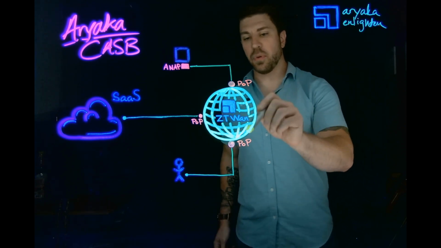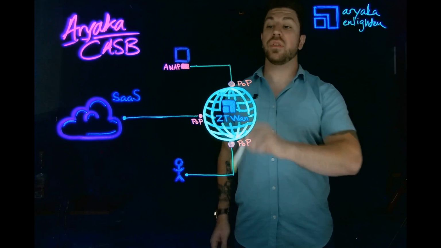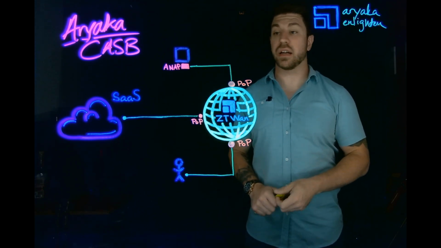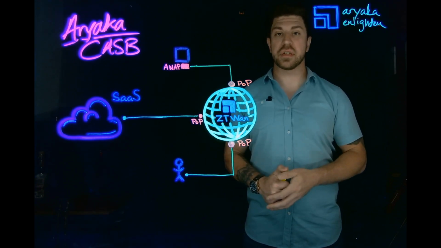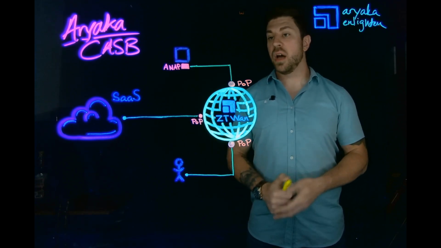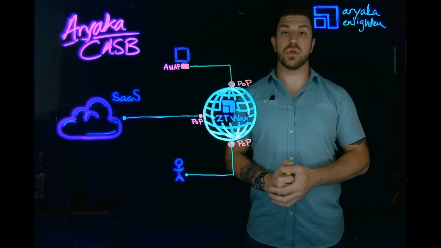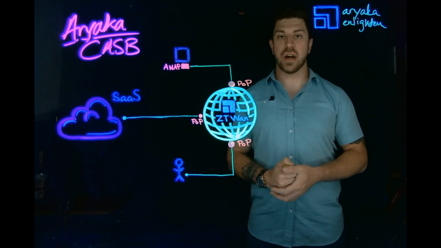So at any point for Aryaka's points of presence, as well as the Aryaka network access point located at an HQ or a branch office, those CASB policies are enforced, allowing you to secure SaaS application traffic.